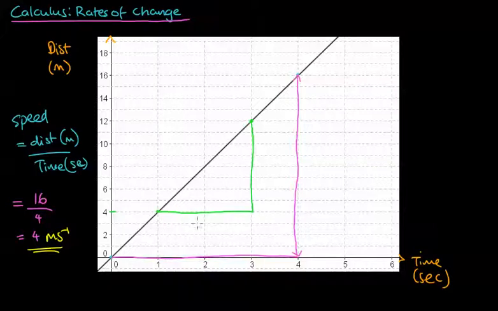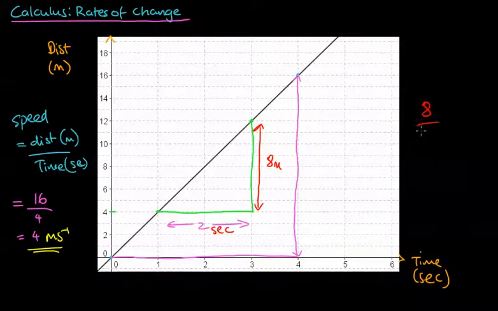Well, that's 2 seconds across, and the distance travelled is from 4 to 12. That's a distance of 8 meters in 2 seconds, and if we take the distance travelled, which is 8, and divide it by 2, again we get 4. The speed is 4 meters per second.